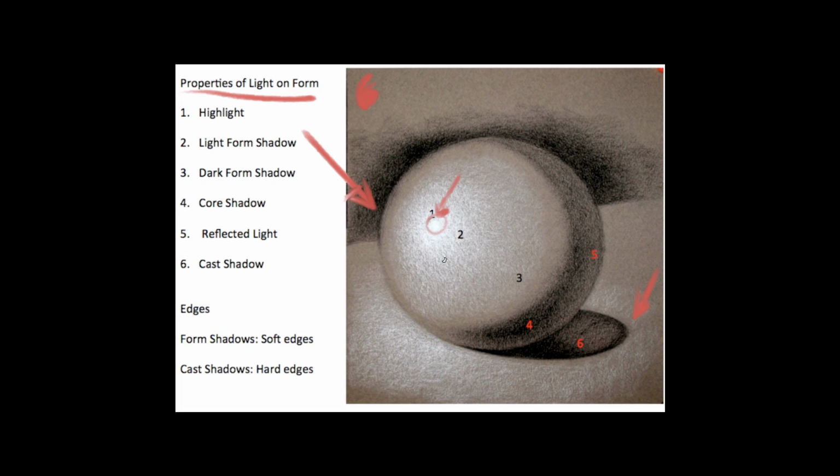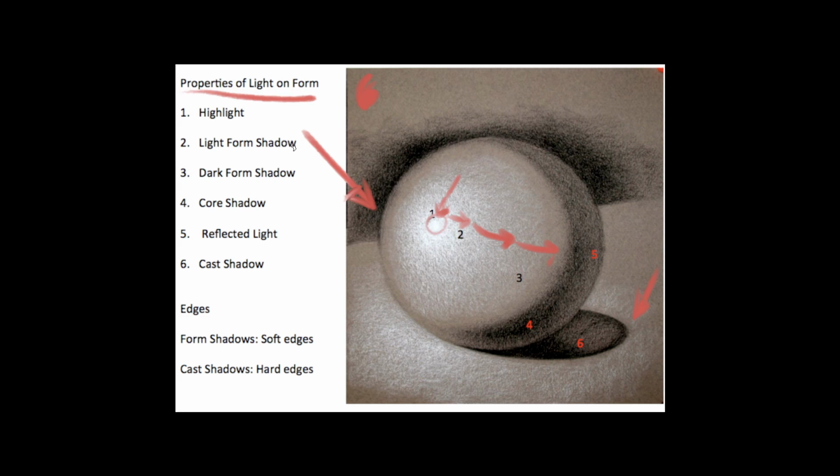Now number 2 is light form shadow. So think of it as we start to move away a little bit from our highlight and move outwards. We're going to go across this ball, right? So we start to move outwards. Number 2 is light form shadow.